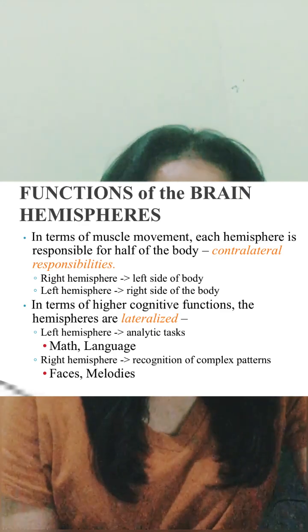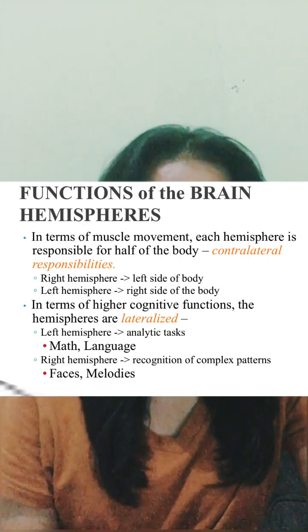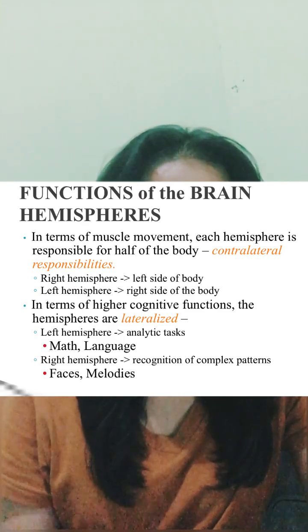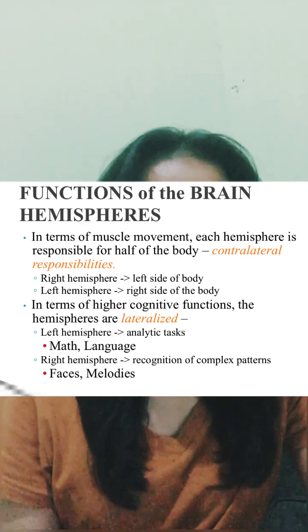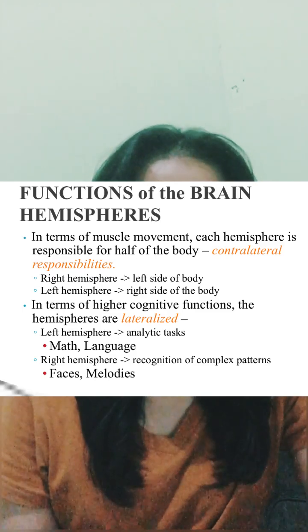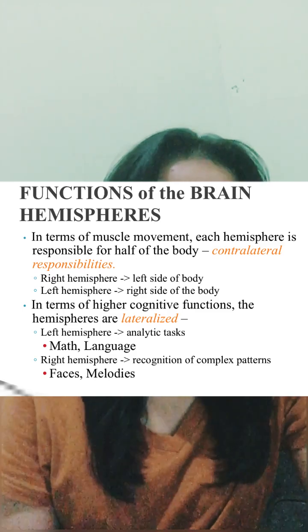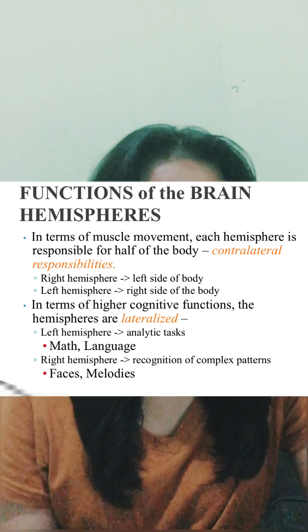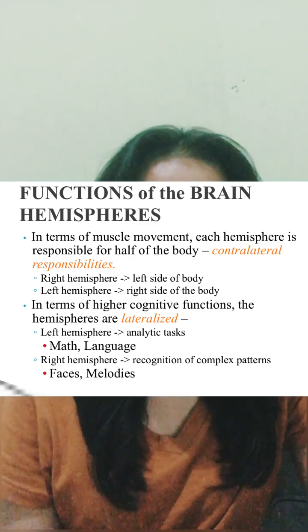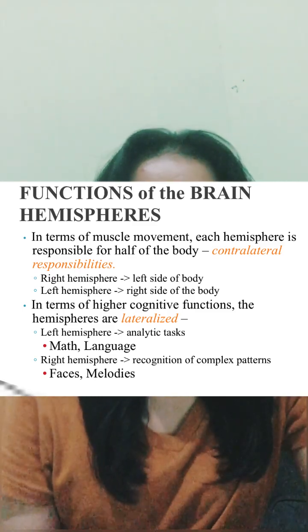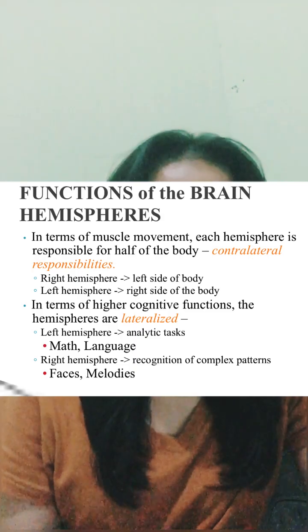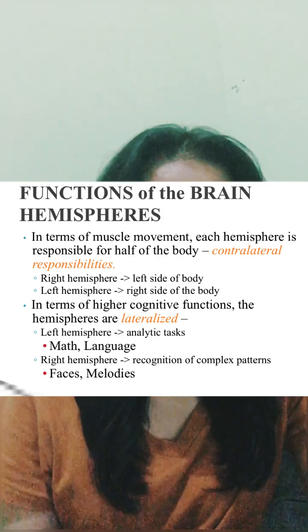In terms of higher cognitive function, the hemispheres are lateralized. The left hemisphere handles analytic tasks, such as math and language, and the right hemisphere handles recognition of complex patterns, such as faces and melodies.